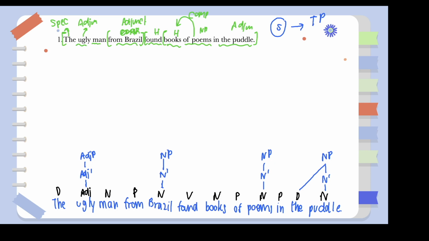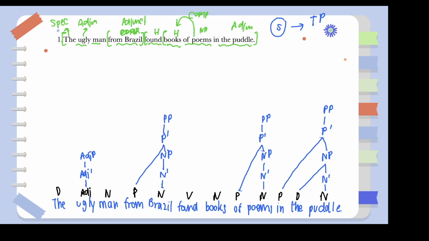So P in attached with NP here to be P bar, and nothing modifies in the puddle anymore, so we have PP. And also of poems, P here, we have P bar attached with NP. And of the poem, nothing modifies, so we have PP. And from Brazil as well to be P bar and PP.